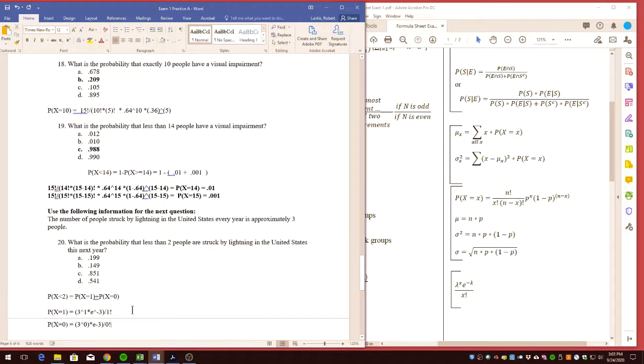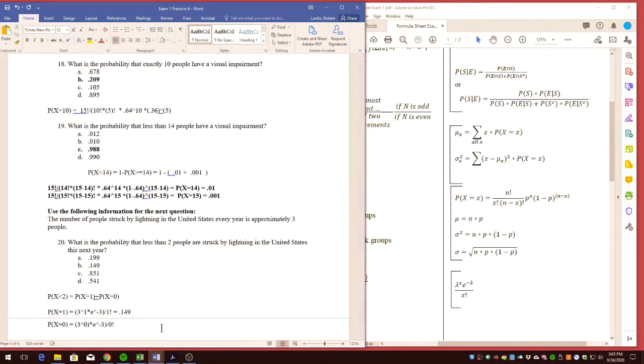Right? So I go ahead, I enter this into my calculator. Oh, where's my e? There we go. E to the negative lambda. So this first one should be at 0.149. Okay? And then the second one, oh, and I made a mistake here, sorry.